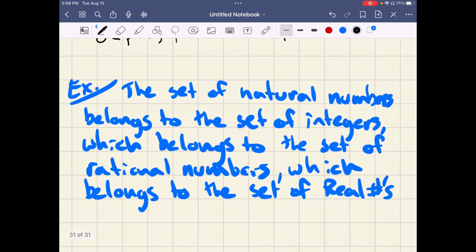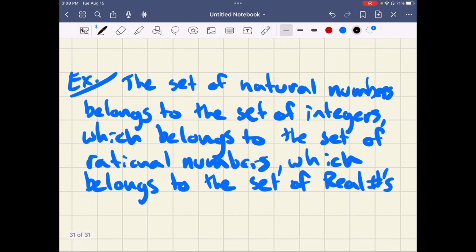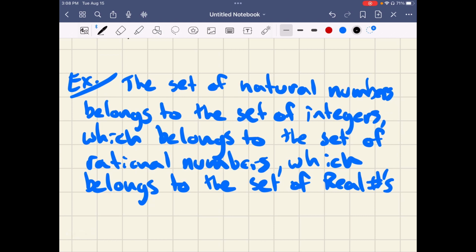For the next one, we're going to take this long, complicated, very wordy phrase and set it into a series of notations and symbols. This also goes back to our common number systems, so we're going to remember what some of those symbols are as well. The first phrase says the set of natural numbers, so I'm going to have the capital N with the double bar, is an element of or belongs to, the curved E. Then we have the set of integers, represented by Z with the double bar, and that belongs to the set of rational numbers.